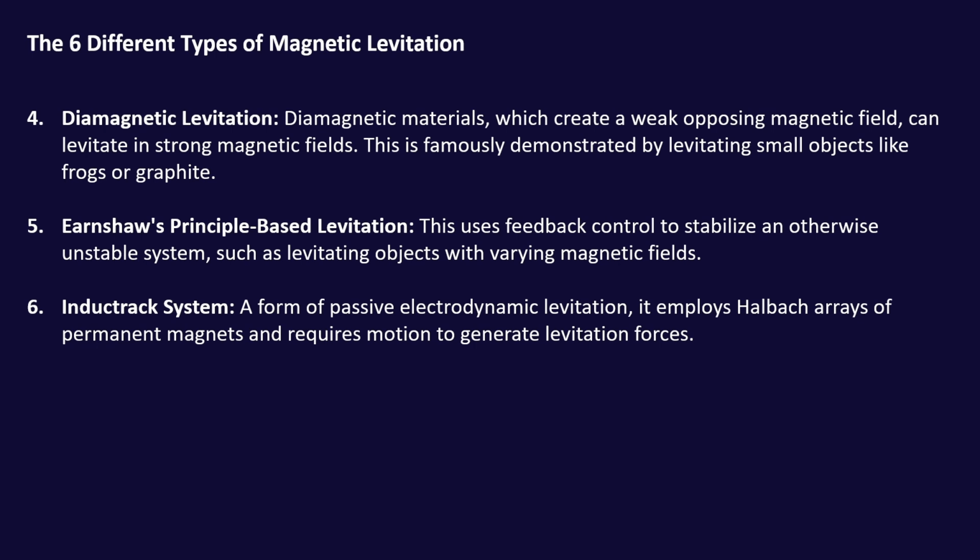This is famously demonstrated by levitating small objects like frogs or graphite. 5. Earnshaw's principle-based levitation. This uses feedback control to stabilize an otherwise unstable system, such as levitating objects with varying magnetic fields. And 6. Inductrack systems, a form of passive electrodynamic levitation, which employs Halbach arrays of permanent magnets and requires motion to generate levitation forces.